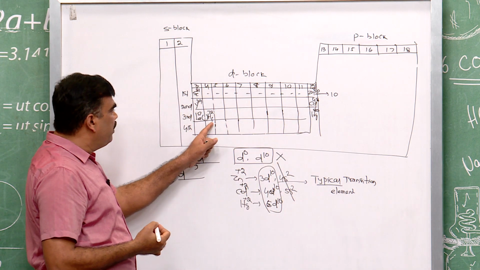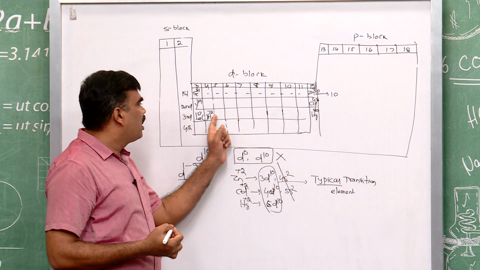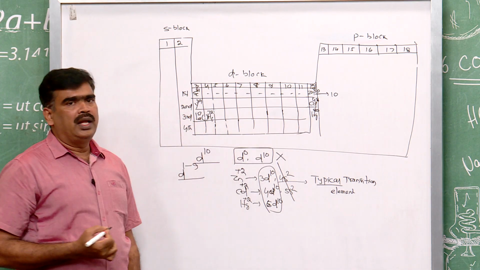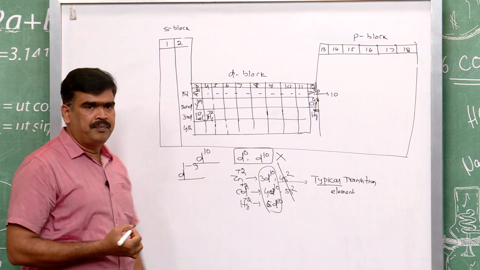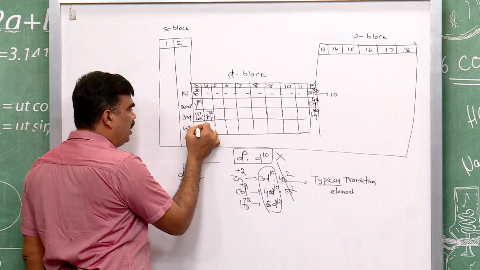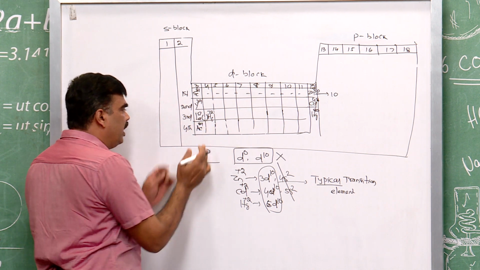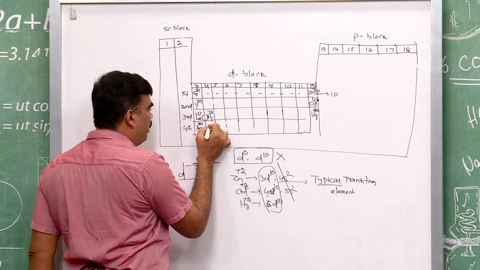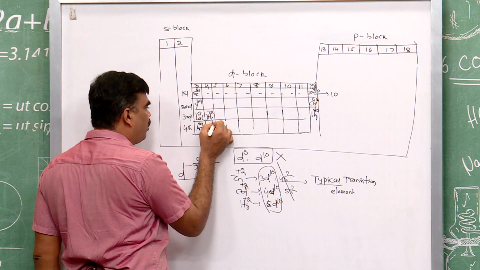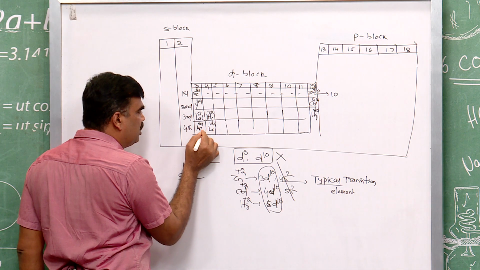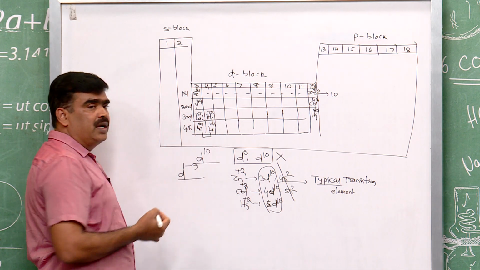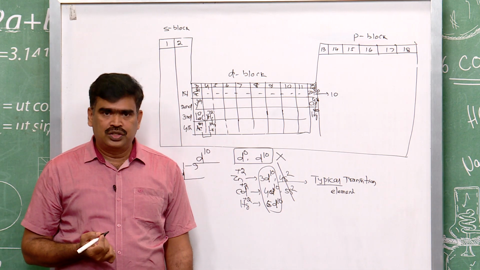From hafnium 72 to mercury 80, there are 9 elements, plus lanthanum. Then the fourth series starts with actinium 89, and in between actinium and lawrencium 104 come 14 elements called actinoids.